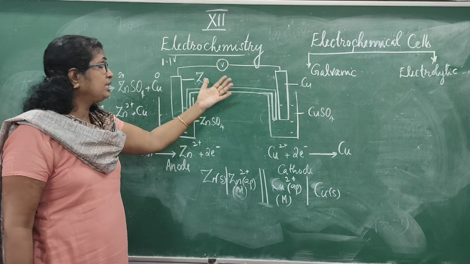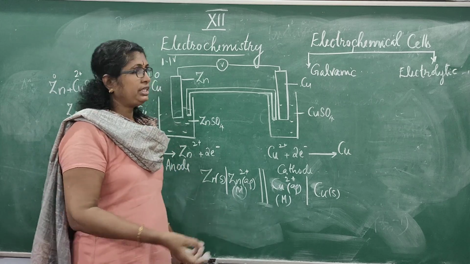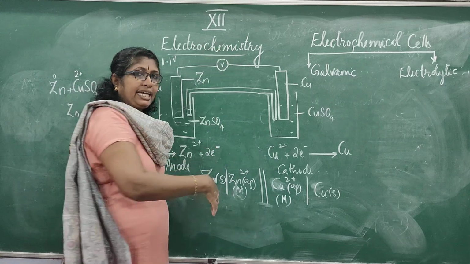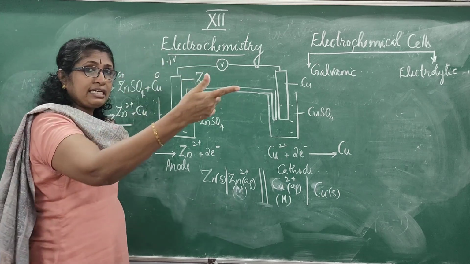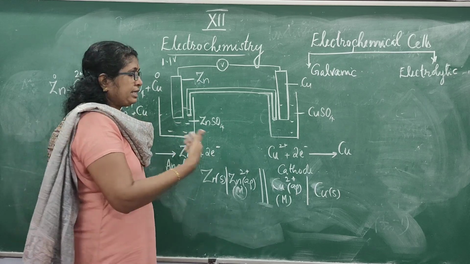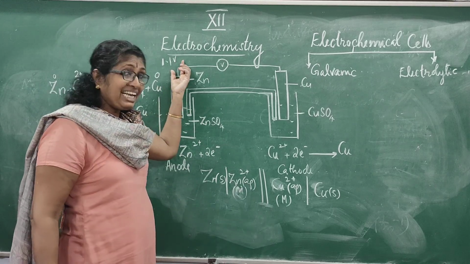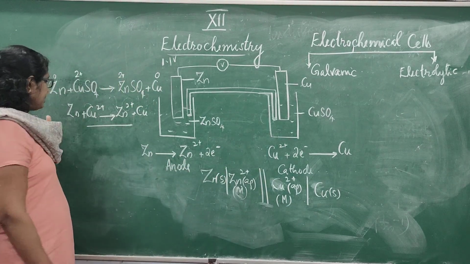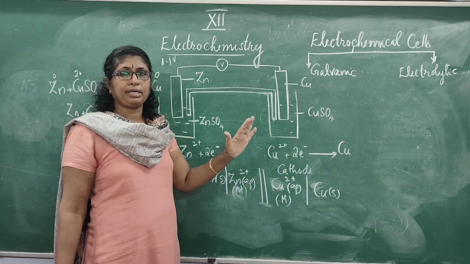The external circuit means another device which is giving electrical energy to this cell, and the current is flowing inside. Till the voltage of the external circuit is 1.1 volt, the same chemical reaction takes place: Zn + Cu2+ will give Zn2+ + Cu. That is the chemical reaction.